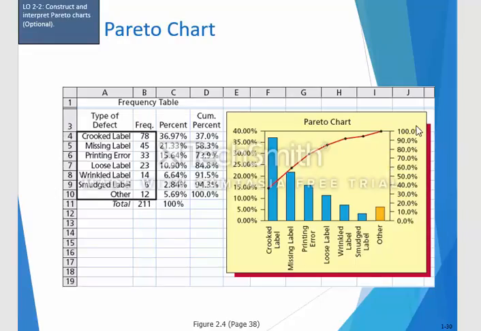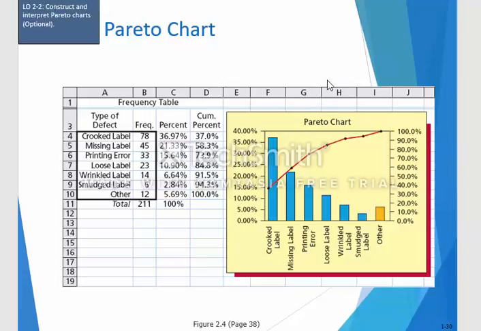Next, this might be something that you haven't seen. This is called the Pareto Chart. This is essentially a combination of a bar chart, a histogram, and a line chart.